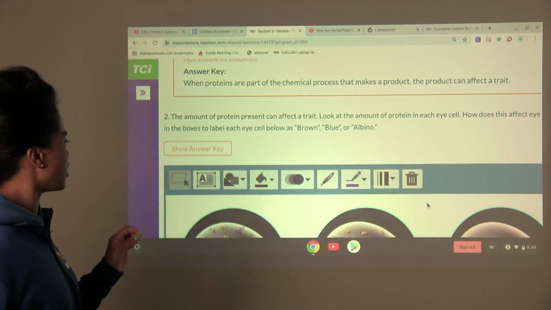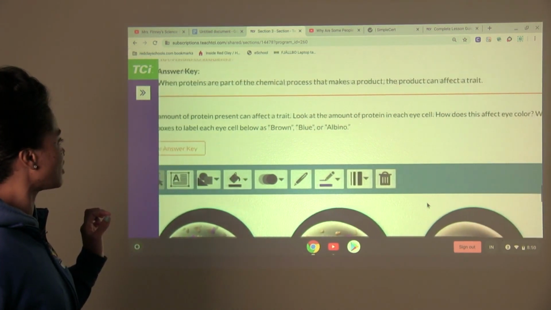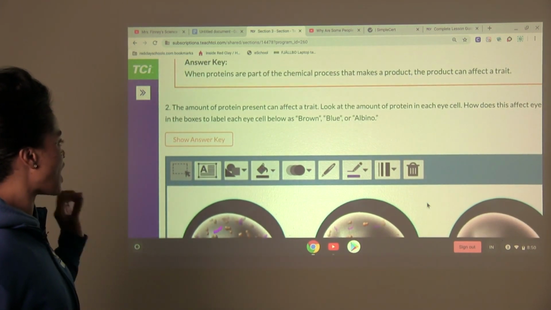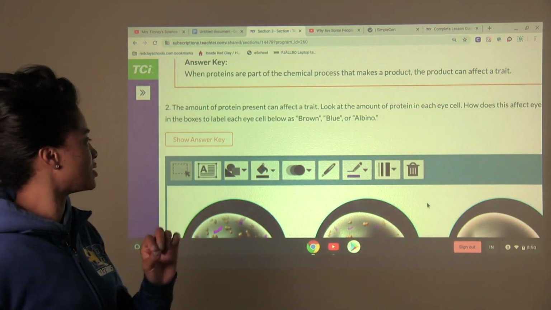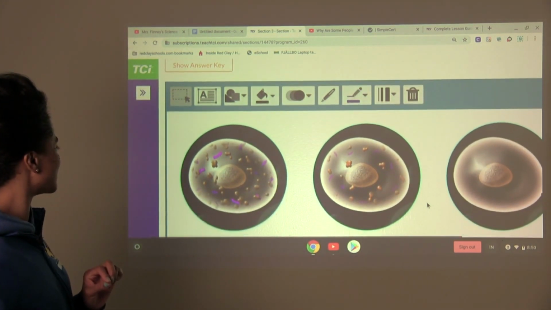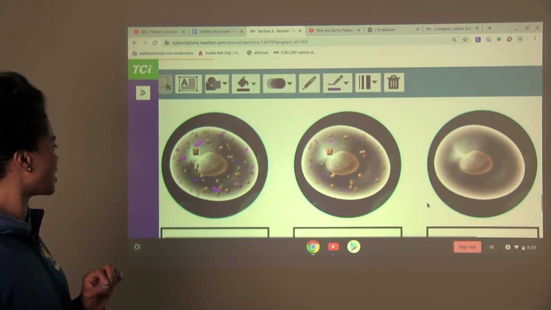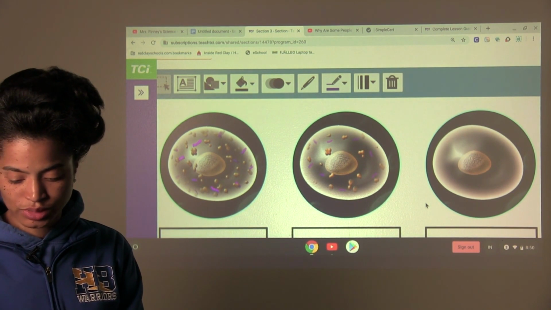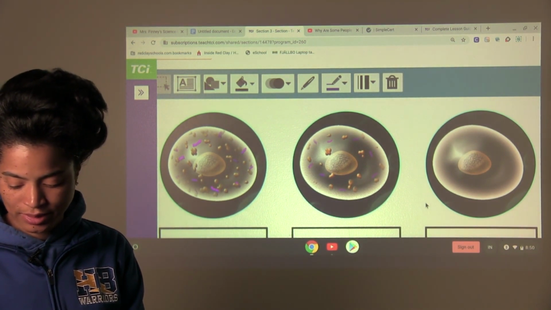How does this affect eye color? Write in the boxes to label each eye cell below as brown, blue, or albino. What do you think? Which one's brown, which one's blue, and which one is albino?